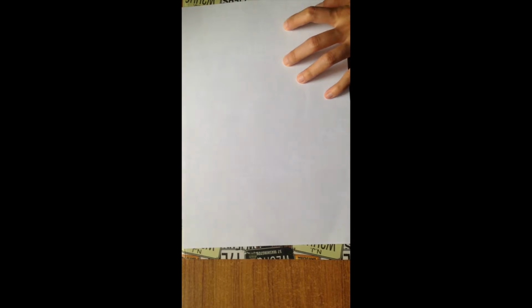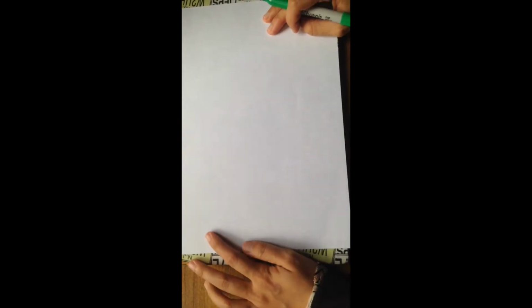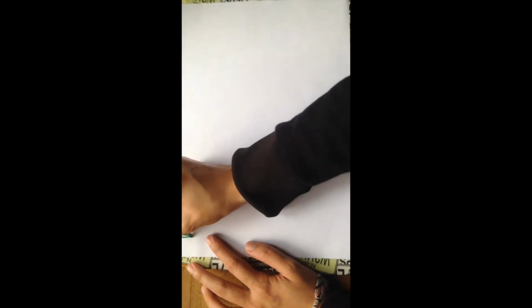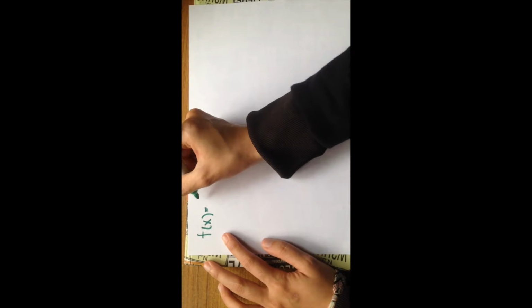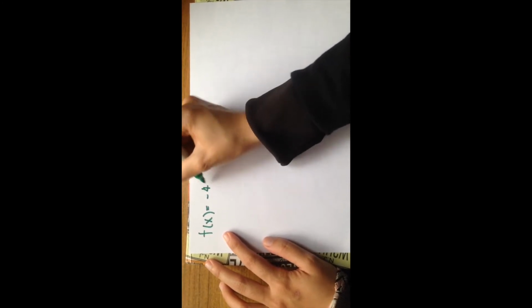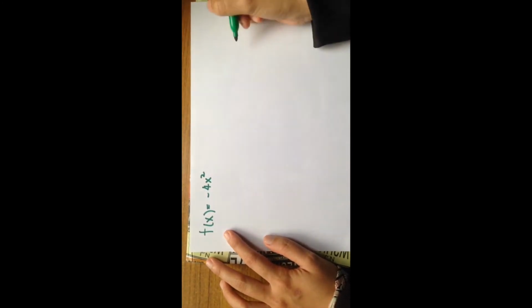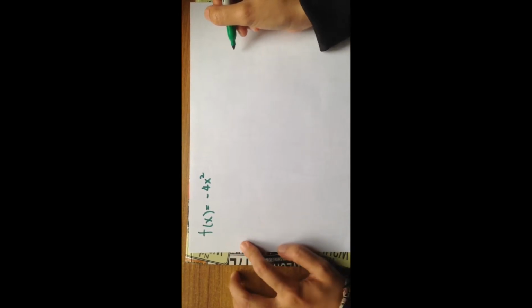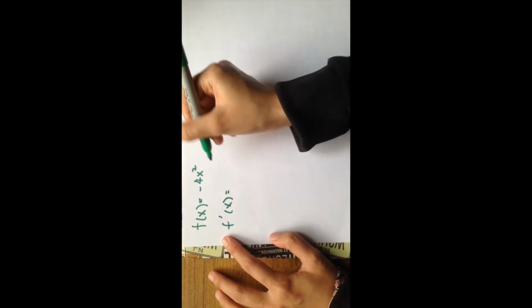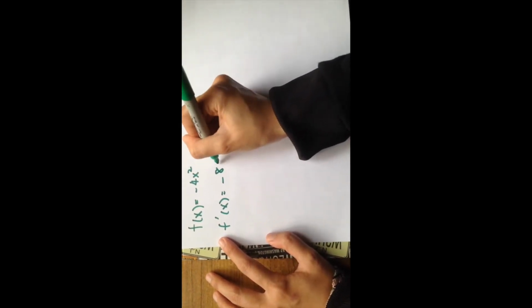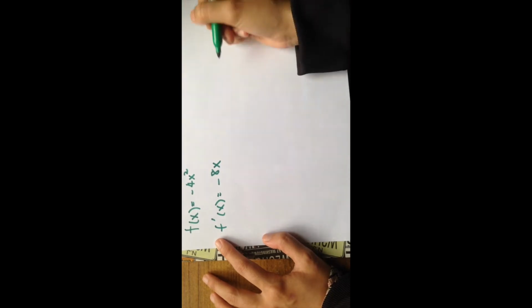So we try out an example, f(x) equals negative 4x squared. So from here, f prime of x is negative 8x.